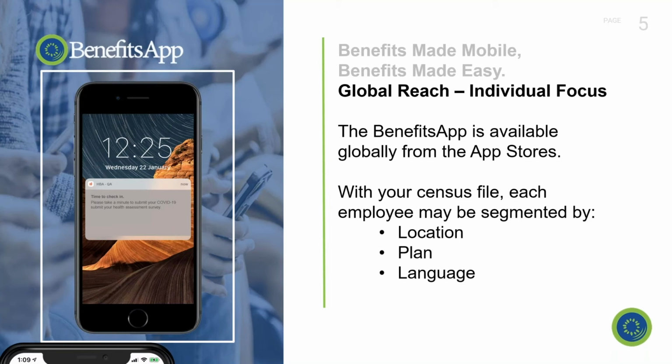That said, we also offer the ability for an employee to choose a language. So in the US, we have several clients that have both English and Spanish speaking employees. And so the employee, when they enter, can actually say their preferences in a different language other than English, and the app can accommodate that. So it is a global reach, but with an individual focus. Everyone gets a personalized benefit app.